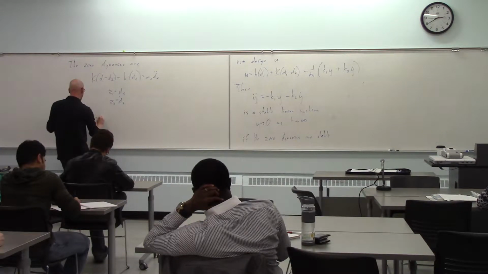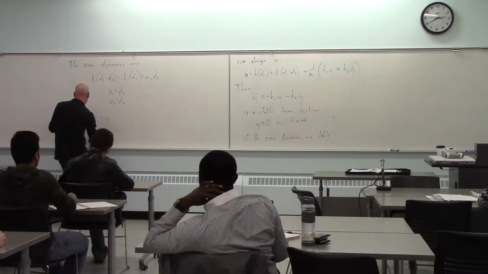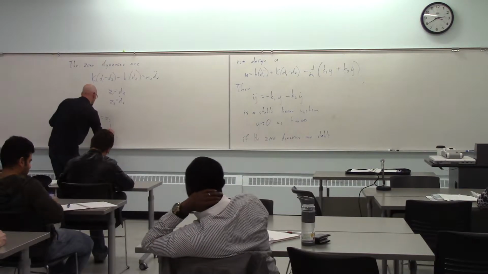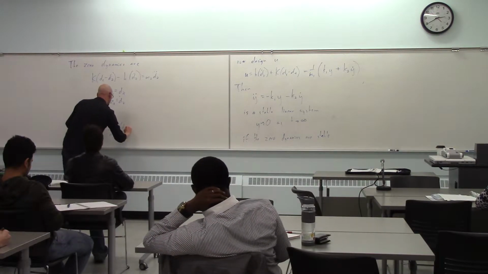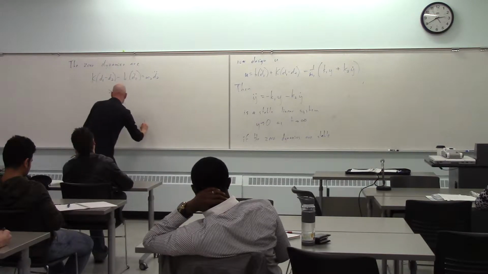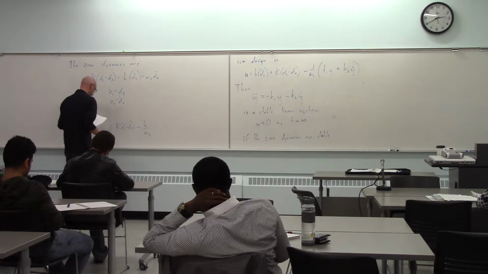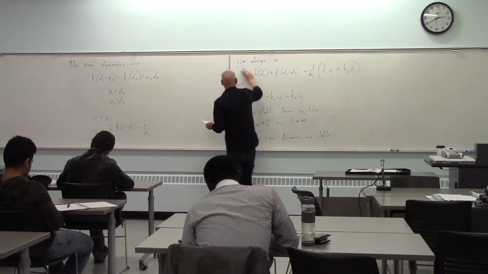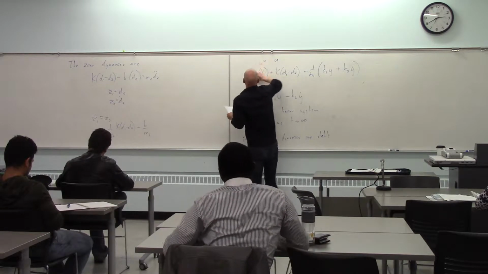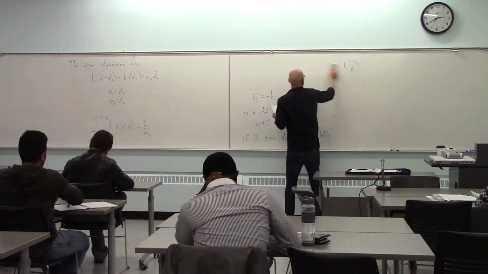In which case we get Z1 dot equals Z2. Z2 dot equals 1 over M2 times K (D1 minus D2) minus B over M2. I'm just going to write that in terms of Z's.